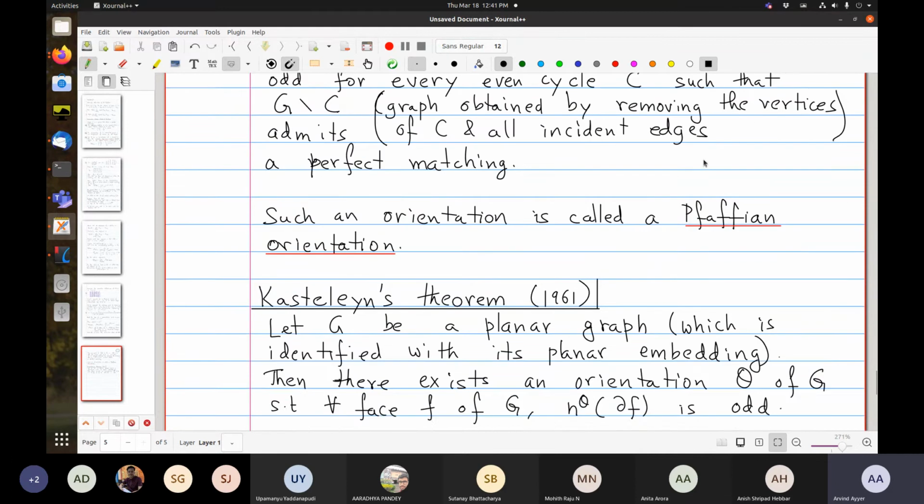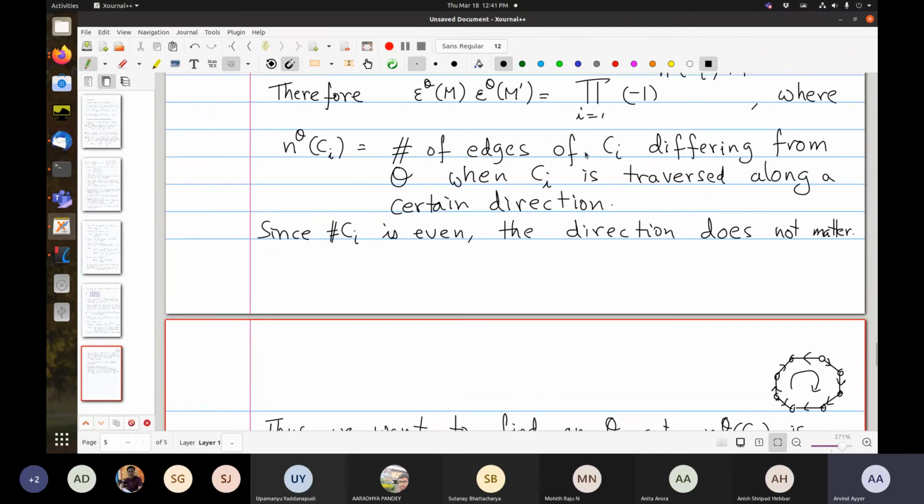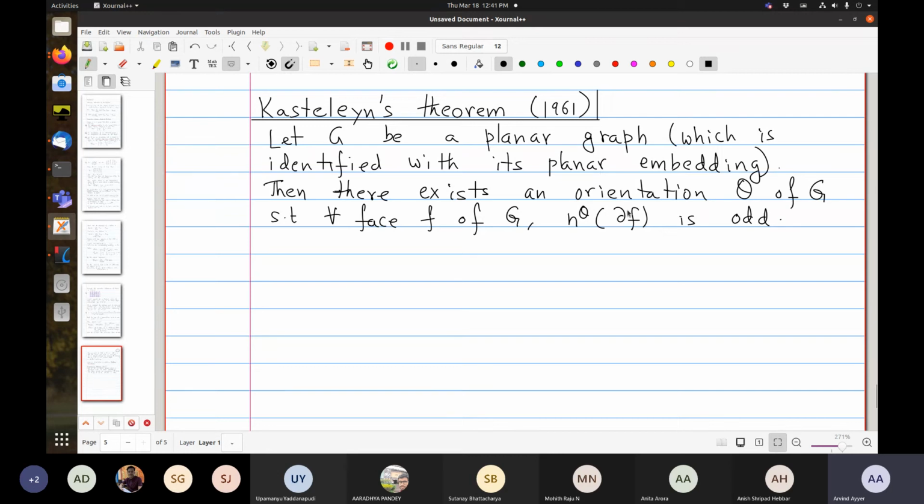So if NO is odd, then NO plus 1 is even, but this theorem is only for a face.